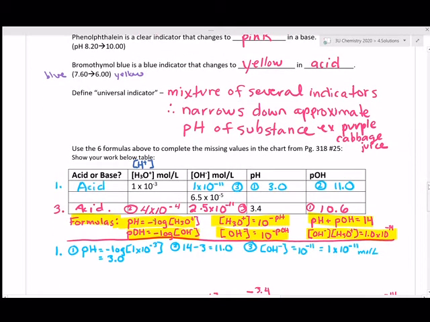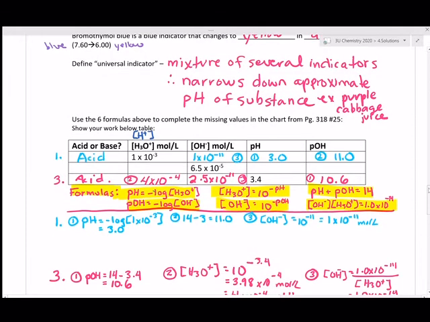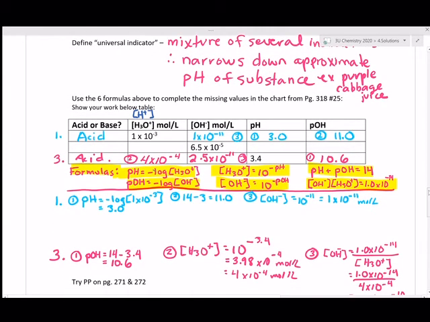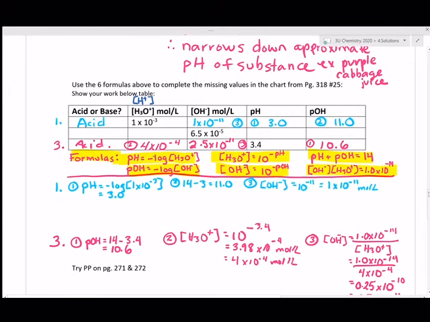Okay, so the practice questions I gave you, I do want to go through and do a couple. The first one here in blue, technically, you did not need your calculator to do that, okay, because of the fact that I gave you the hydrogen ion concentration and it was a whole number, 1 times 10 to the negative 3.